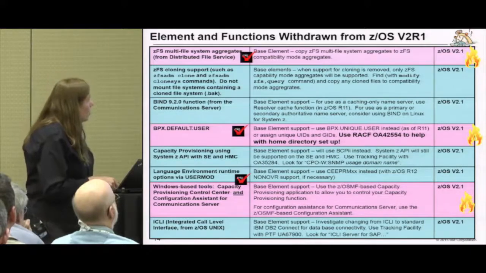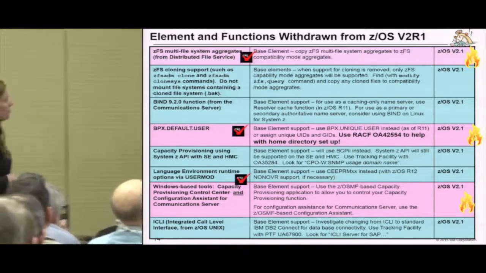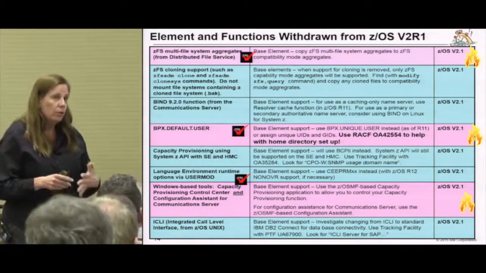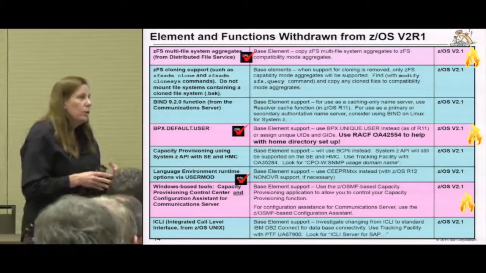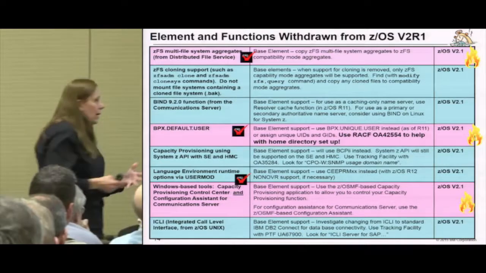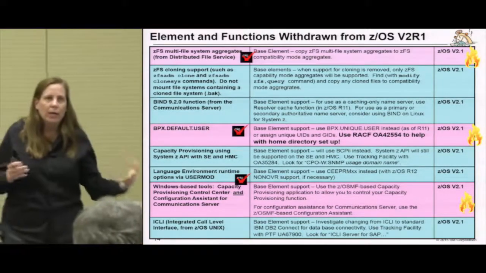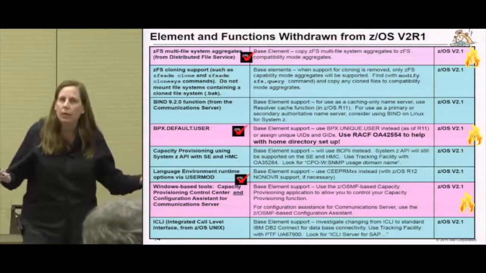And then the last fire item that I have is that we have some Windows-based tools for Capacity Provisioning Manager and for Communication Server. And these Windows-based tools also have coordinating plugin functions in z/OSMF. And so we had two ways of doing the same thing.